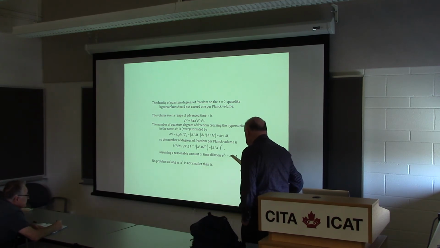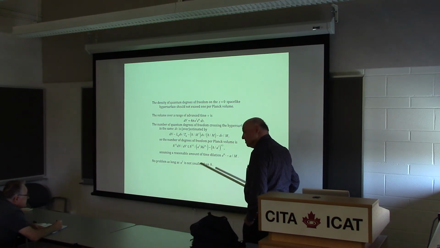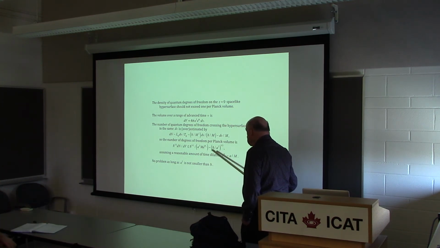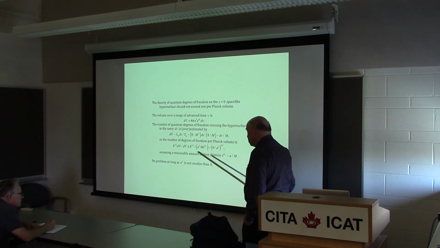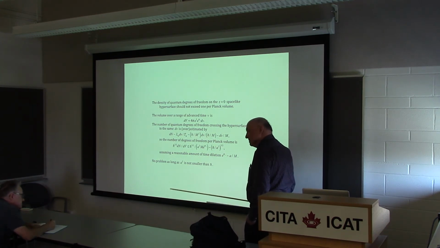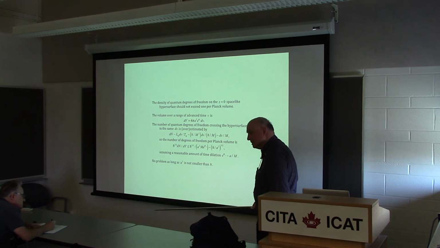But it can be small, of order a over m, which reduces the length of that long cylindrical spatial surface. It turns out that the number per unit volume is just h bar over a squared to the 3 halves. And if a squared is a bit larger than h bar, there are factors of order unity here, but it's at least plausible that there's no need for more than 1 degree of freedom per Planck volume.